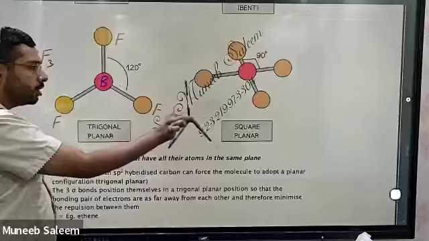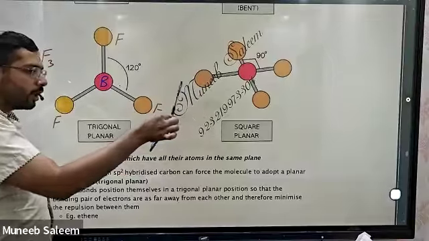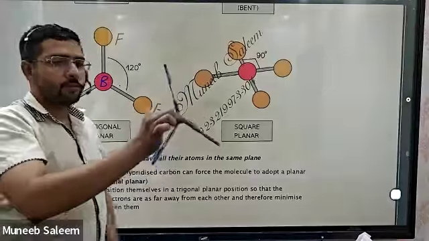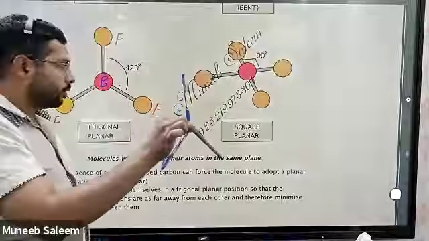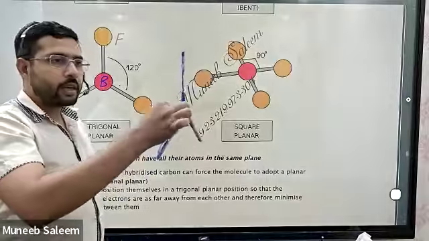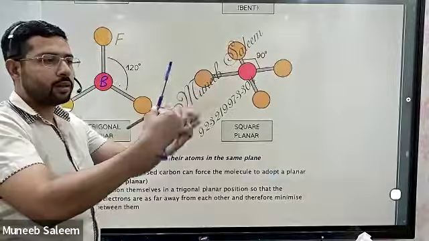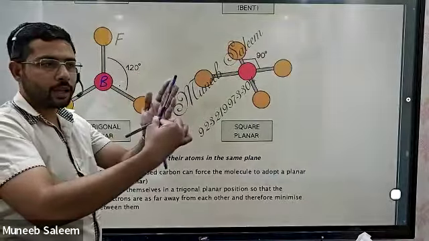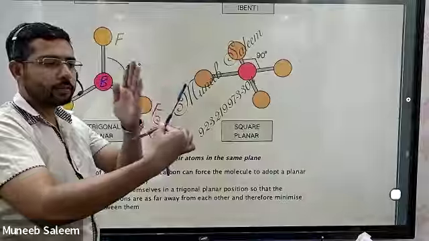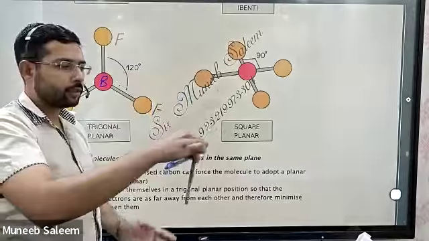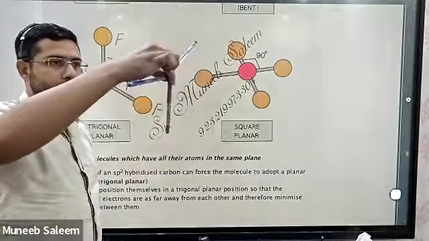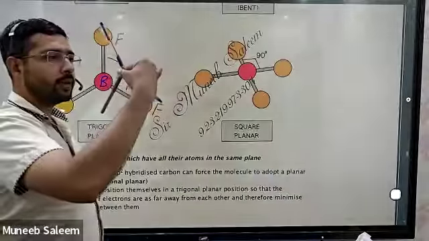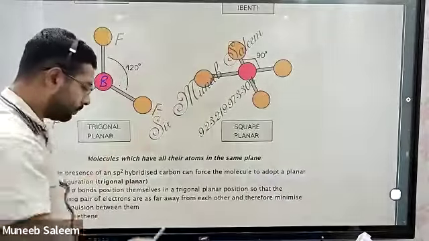So this is the shape of the trigonal planar, and it is more like a fan shape. If you try to rotate it in any way, all these atoms are present in a single plane. I can bisect all the atoms by passing through a single plane. So this is how we have different directions, but they are all present in the single plane.